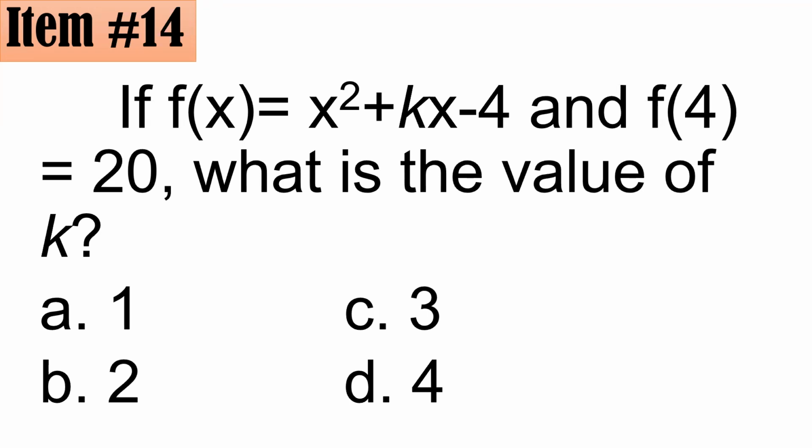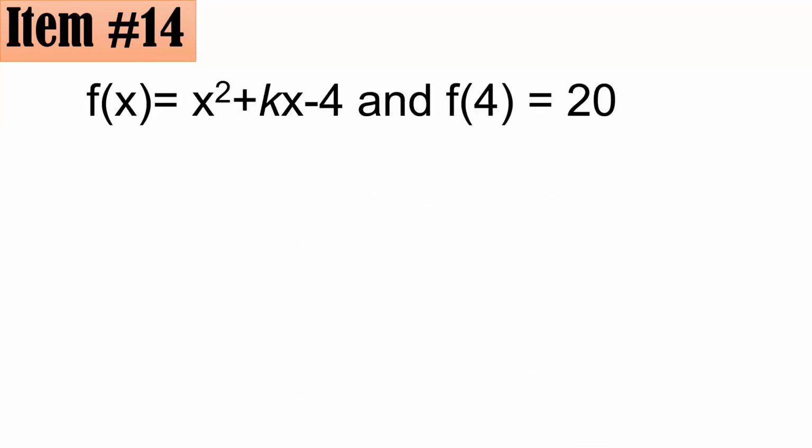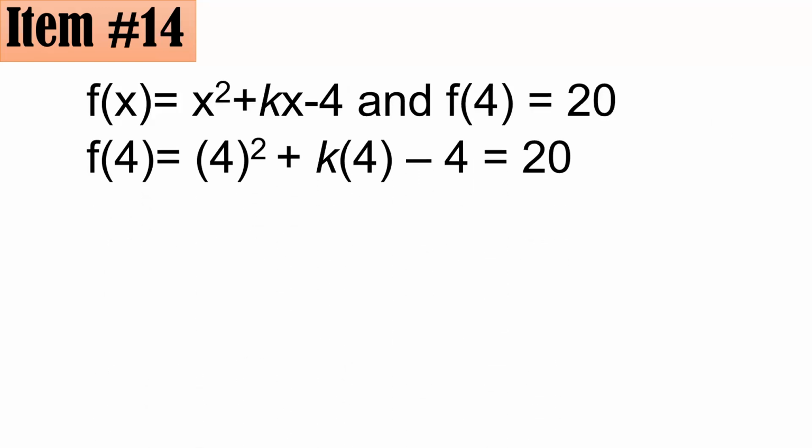Since f of 4 equals 20, we will replace all x's by 4. That's why I have f of 4 equals 4 squared plus k times 4 minus 4. And dahil 20, so equate that to 20.